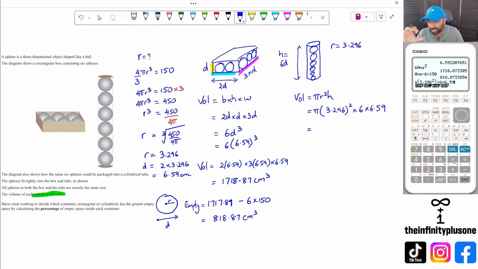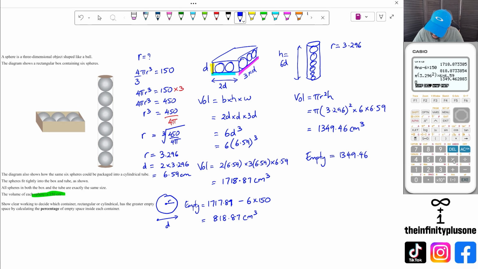Remember there's 6 balls, so that's why the height is 6 times the diameter, right? So we should get roughly 1349.46 centimeter cubed.